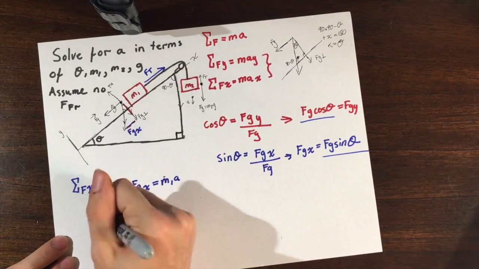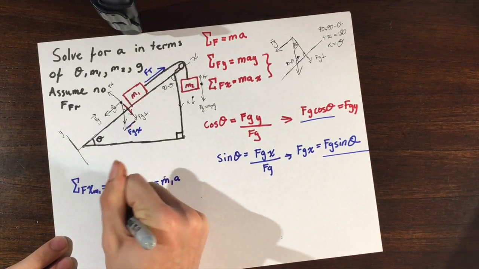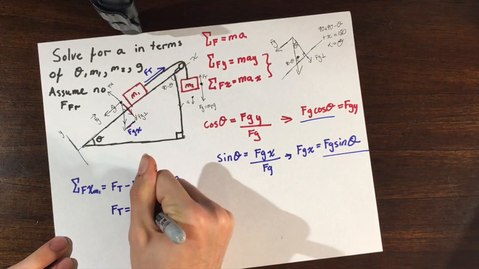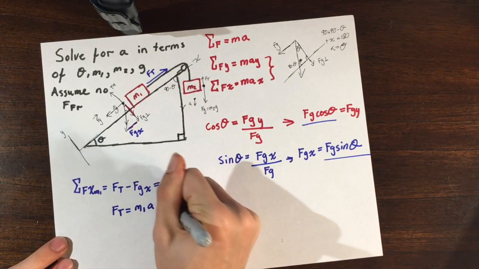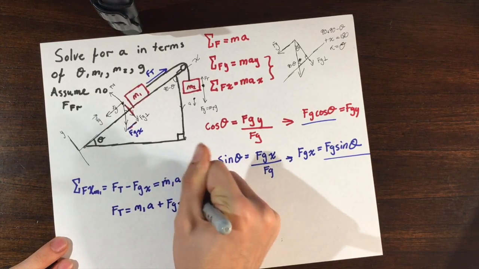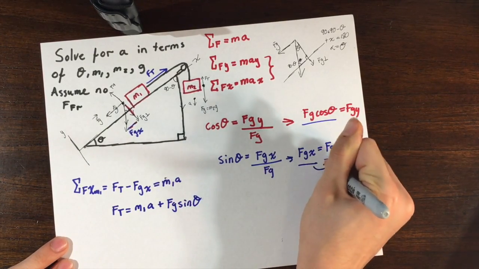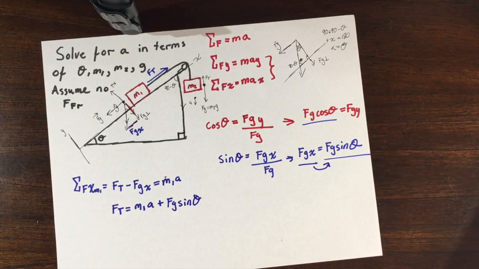So now we're going to write that as force tension is equal to m1a plus force gravity of x, which we found as Fg sine theta. We just substituted that. Okay, and now we're going to do the same with our mass 2.